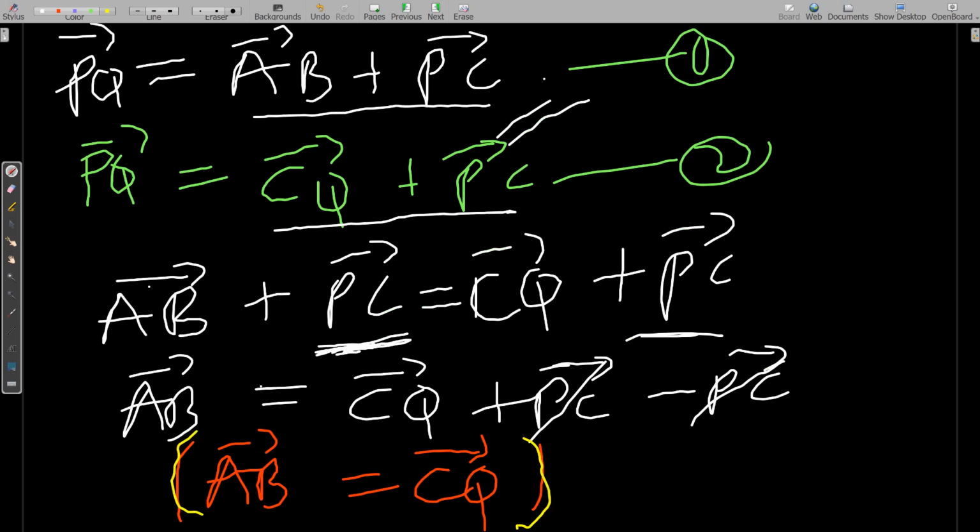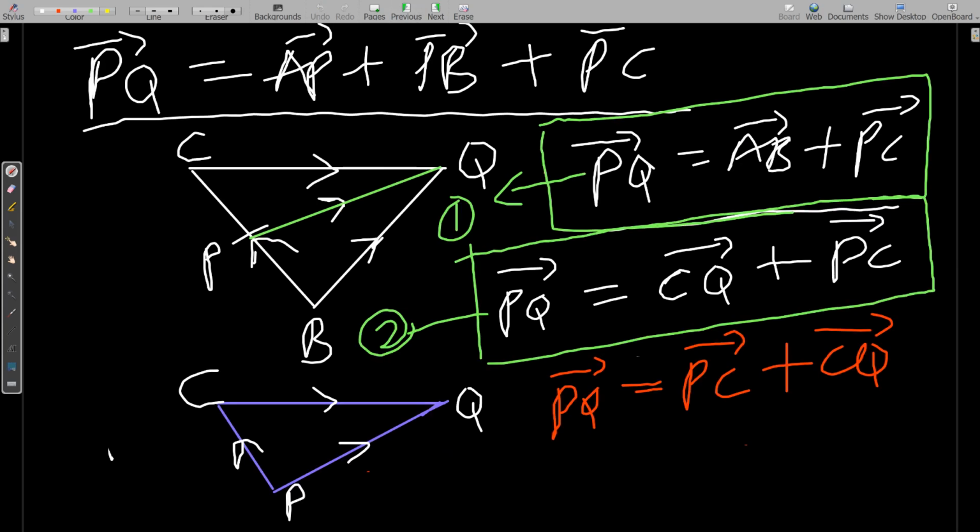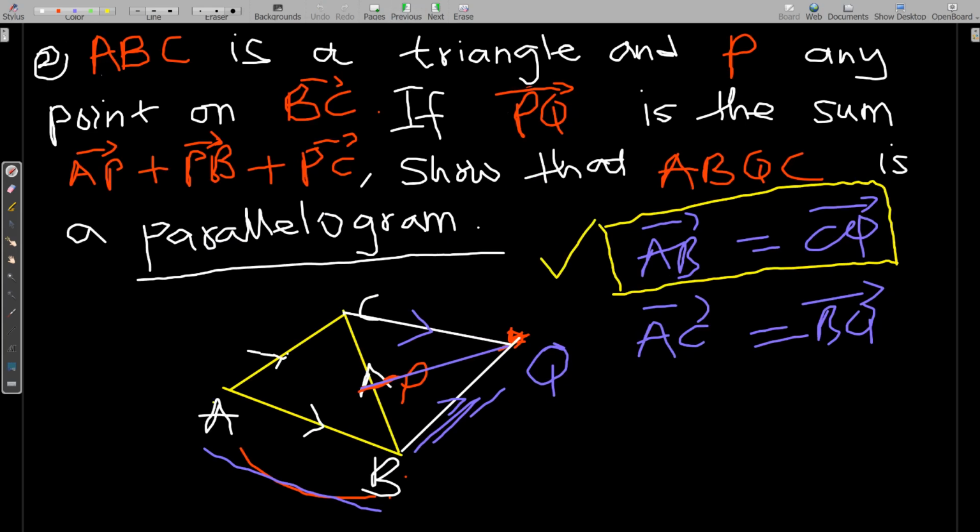Now let's go and show AC is equal to BQ. To show that, we have to use this triangle, BQ, BC, and then CQ.